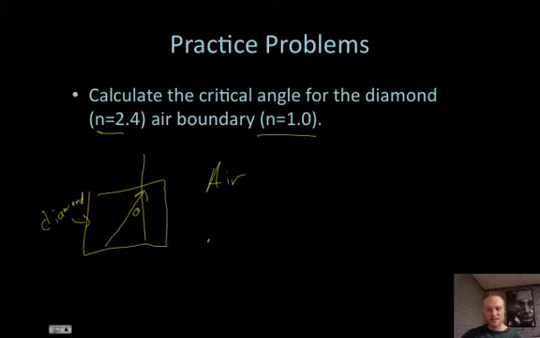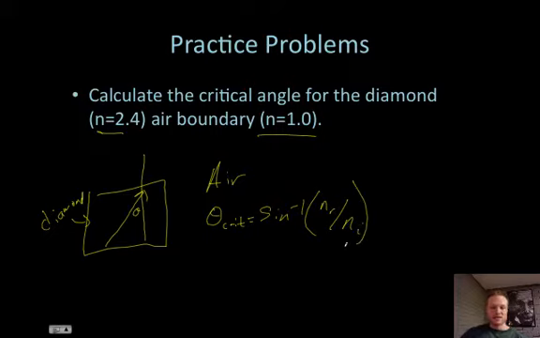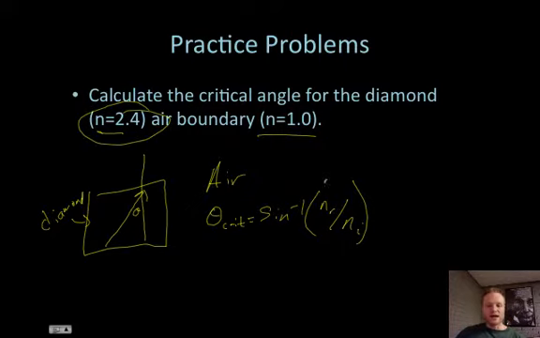I'm going to use the same exact formula. Theta critical equals the inverse sine of the index of refraction for the medium that it's going into, divided by the index of refraction for the incident medium, n_i. So what is n_r?